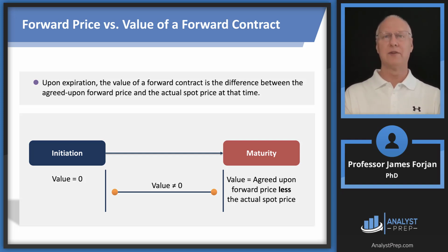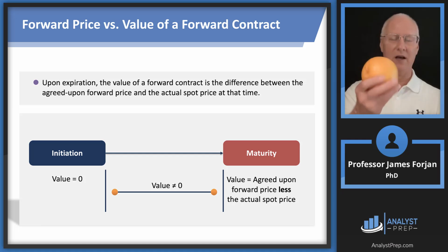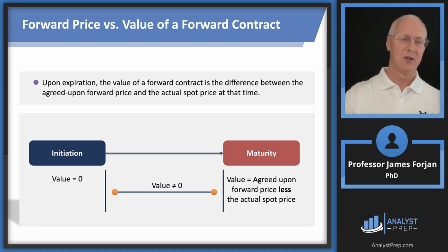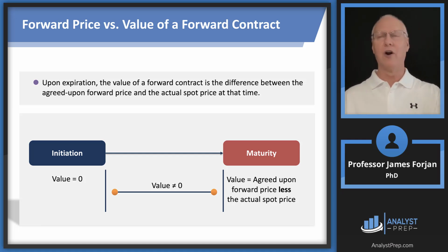I tell my students this all the time, and it takes them a while to understand this: the overwhelming majority, 98% or so of all futures contracts, are cash settled, because it's just way easier for me to reach into my wallet and hand you a bunch of money, or for you to do the same to me, rather than for you to take delivery of 1 million of these things, right? Or even just one. You've got to get in your car and drive over there to take delivery. I have to get in my car and drive over there to provide delivery.